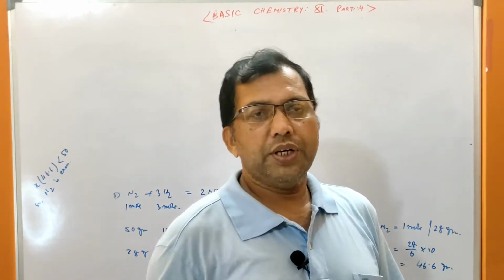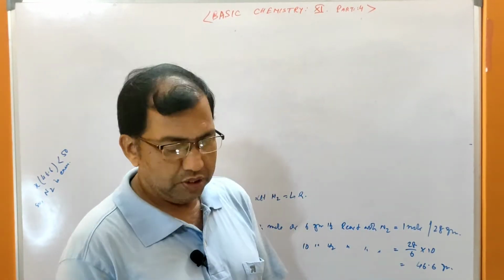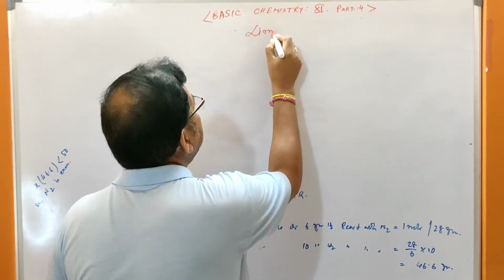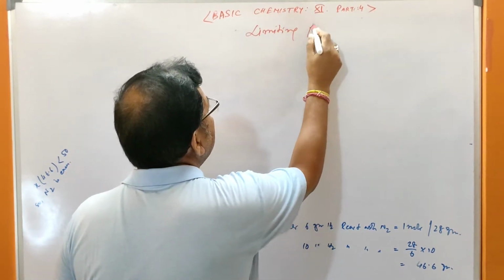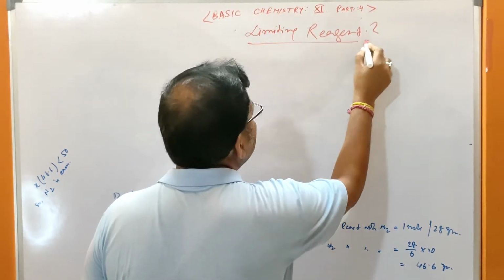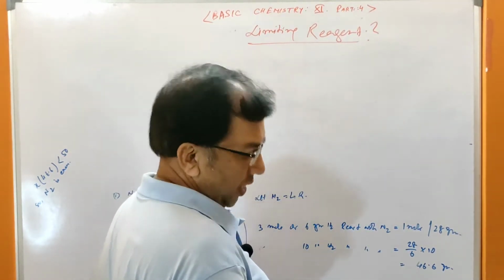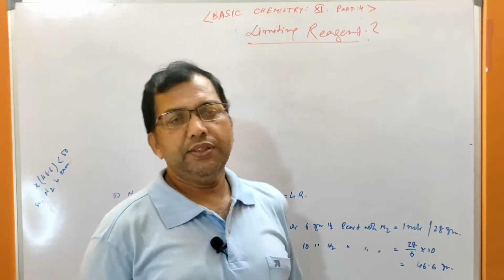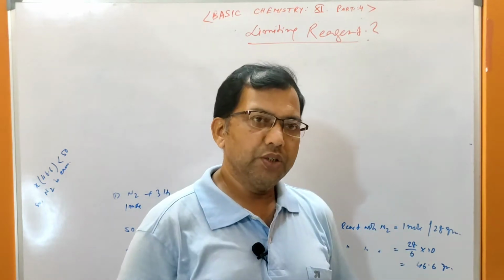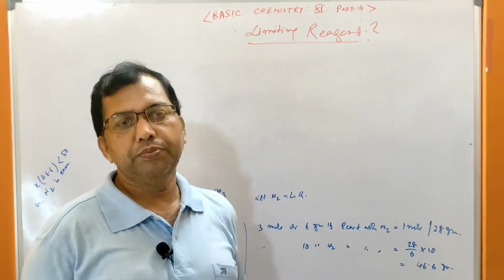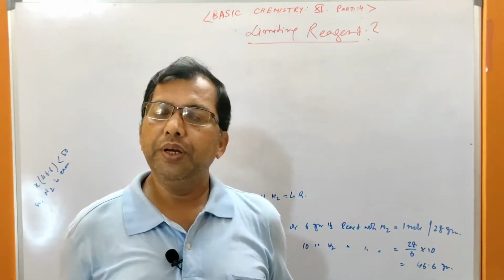The next topic starts: limiting reagent. What is limiting reagent? What do you know? In any reaction, reactants are required to obtain the product. Suppose A plus B, the product is AB.